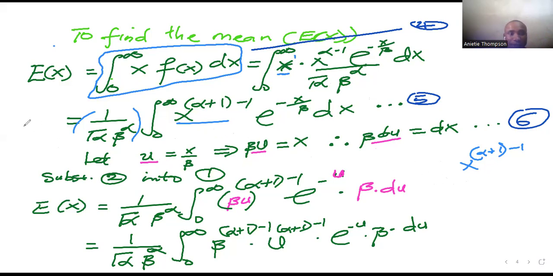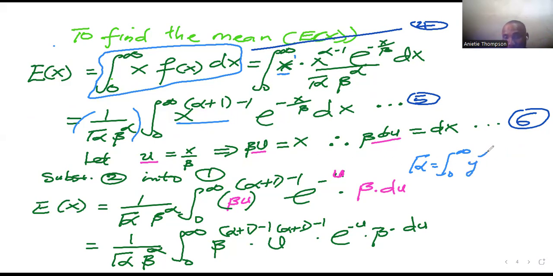Remember from the beginning of the class here, we have that the gamma function itself says that gamma of alpha equals the integral from 0 to infinity of y raised to the power of, I remember saying that you can use any variable of your choice. Y is not constant there.